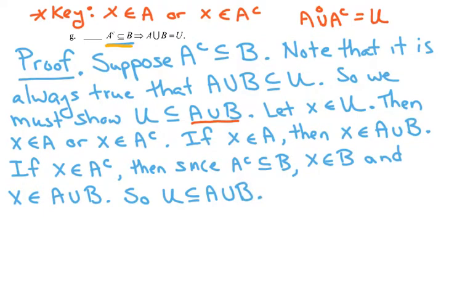So we showed that if you take an arbitrary X in the universal set, it's also in the union of A and B under these conditions. So we have both directions, and we're done.